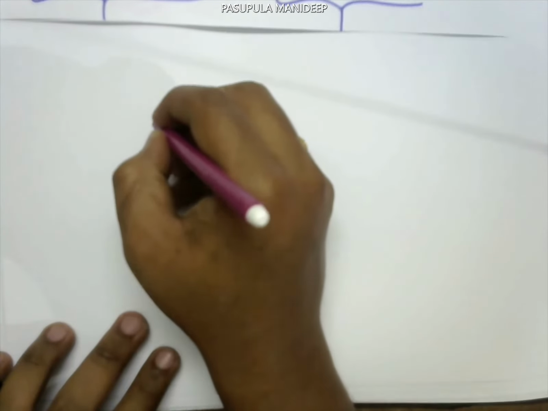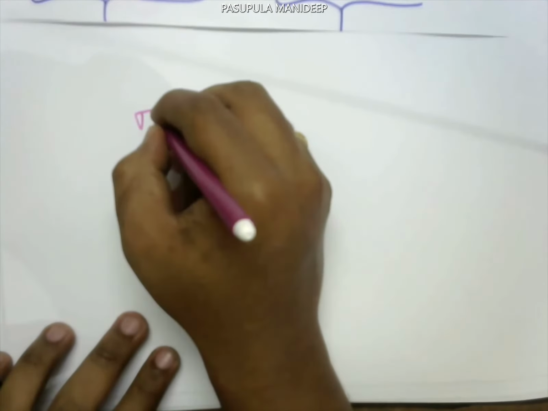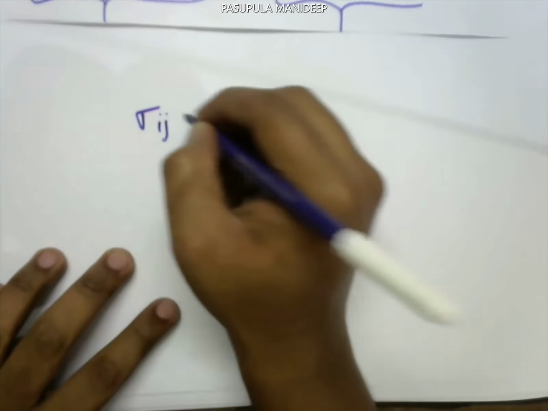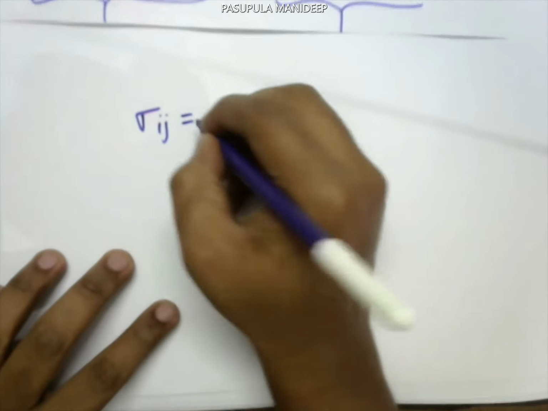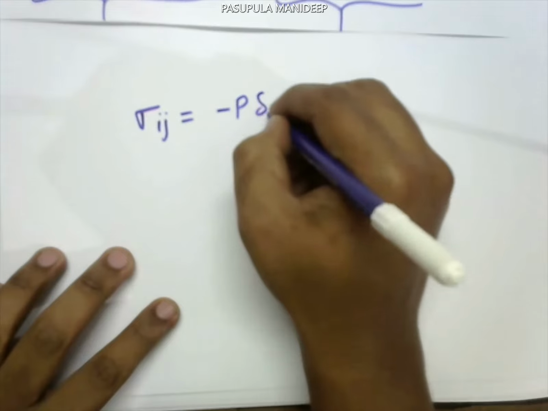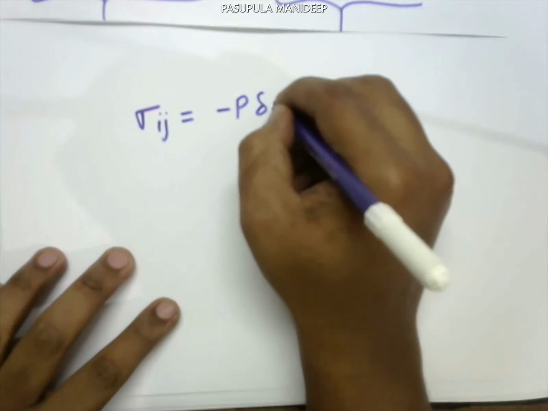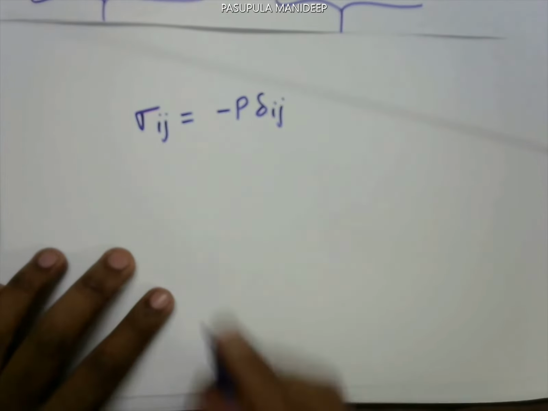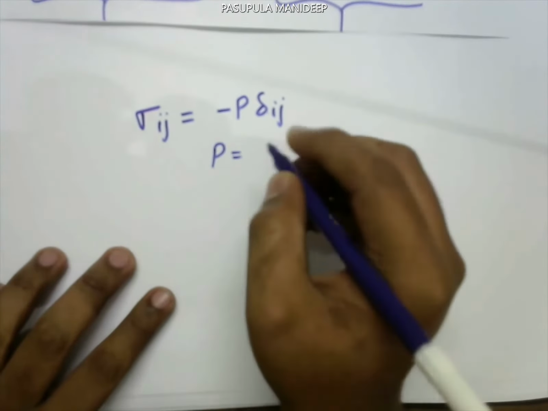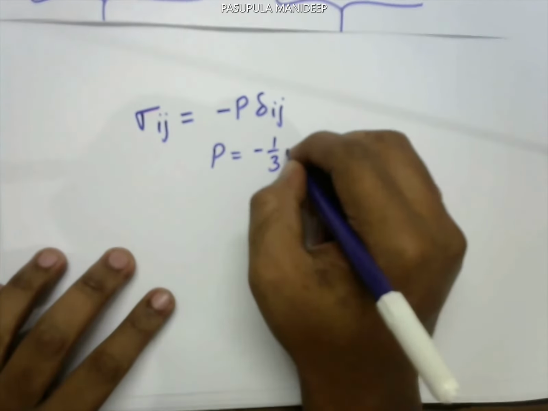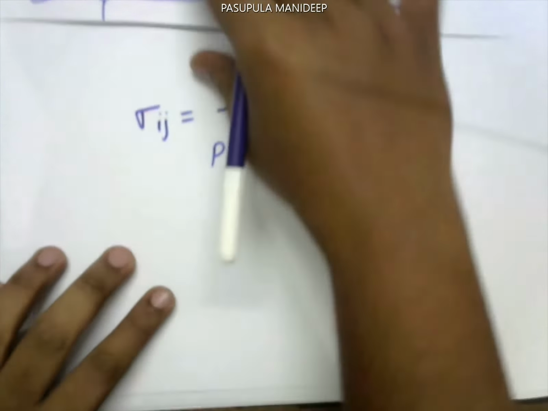We can write sigma ij, the stress tensor, will be equal to minus p delta ij, where p is nothing but minus 1 by 3 into sigma ii, this component.